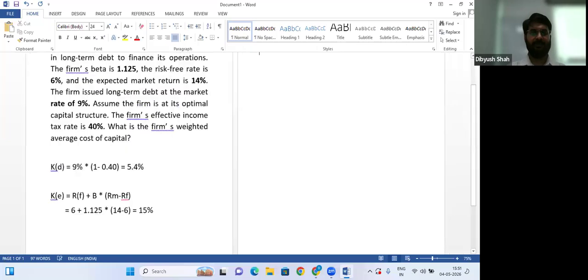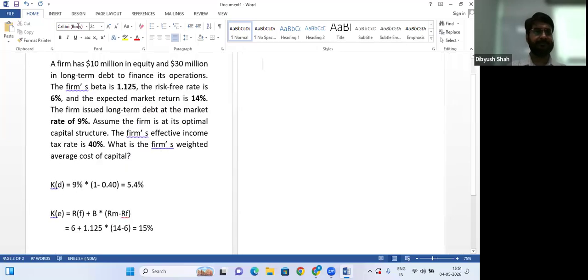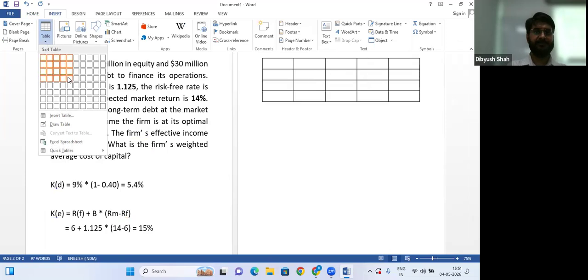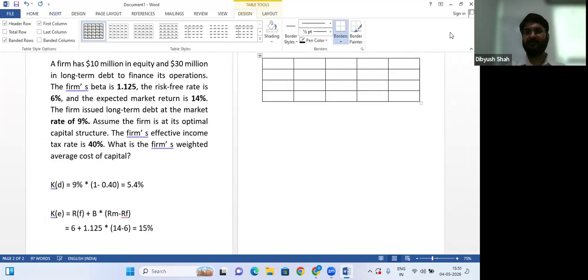Now let's calculate the weighted average cost of capital. Same format which I discussed in the previous class. So here you have particulars. Here you have amount. Here you have ratio, that is proportion in the capital structure.